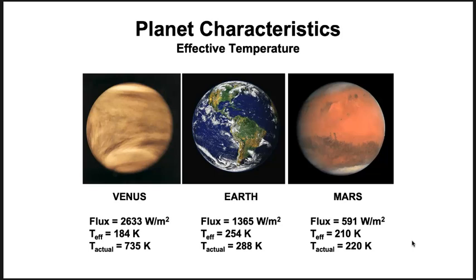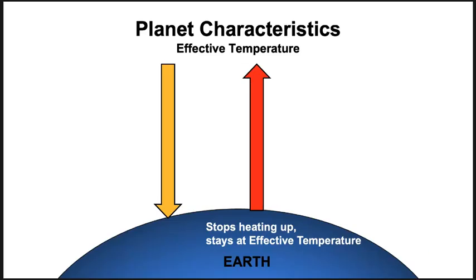Well, because the effective temperature is too simple of a model, right? This whole effective temperature model assumes that a planet is just a rocky surface with some sunlight shining on it. It loses that heat back out to space, and the planet stays at that temperature.